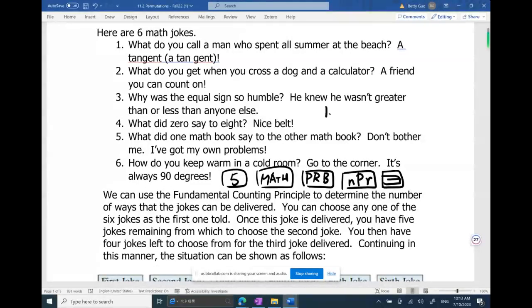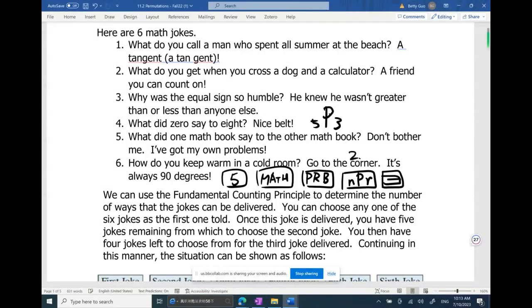How do we evaluate P53? On your TI-84 calculator, you enter 5 first, and then you find the key with math on it, and you will see a menu. All the way to the right, you choose PRB, probability, and after that you will see a list of items.